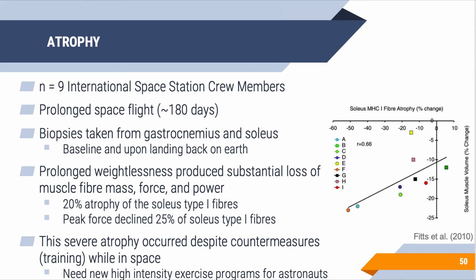And what this study addressed and highlighted is this idea that we need new high intensity exercise programs for these astronauts to mitigate the severe skeletal muscle atrophy that is obtained through spaceflight. And it really shows us that walking around on Earth with gravitational forces acting on us is a way to provide a stimulus for muscle growth that we don't appreciate on a day-to-day basis.